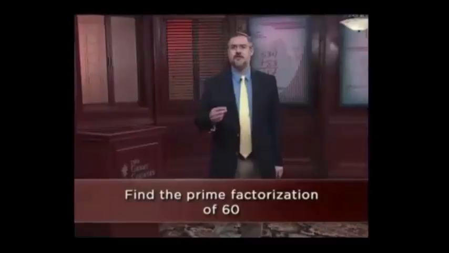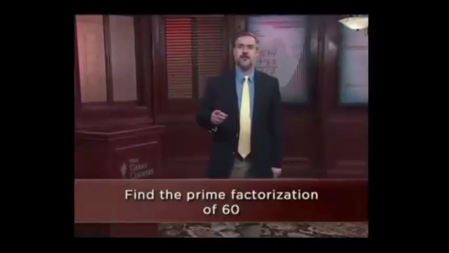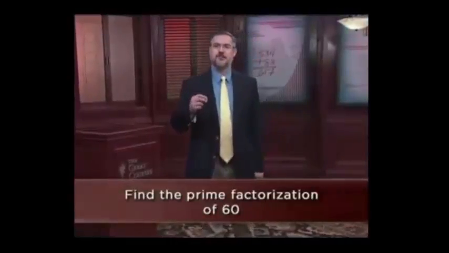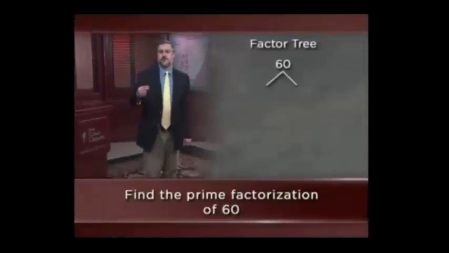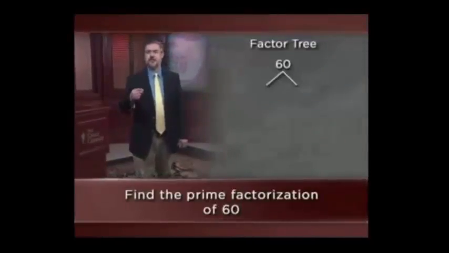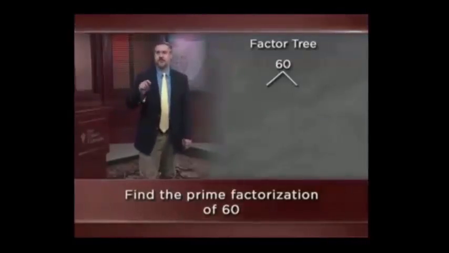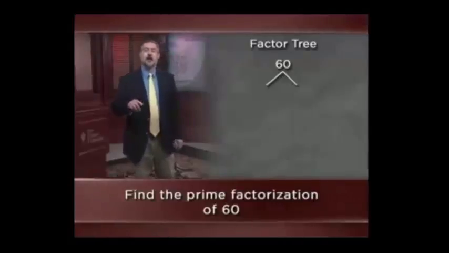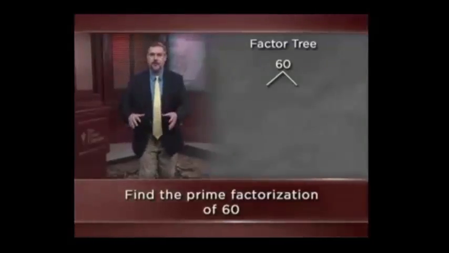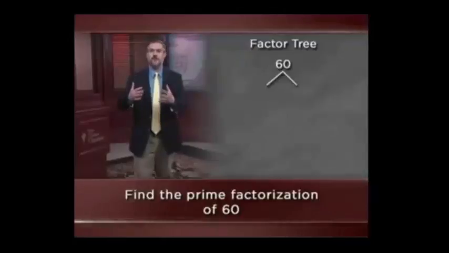Now, there are lots of different techniques for doing this kind of thing, but my preference is something called a factor tree. I think it's best because it keeps everything organized and it lets you see what is happening. The basic idea is to start factoring 60 until it has been whittled down to just prime factors.